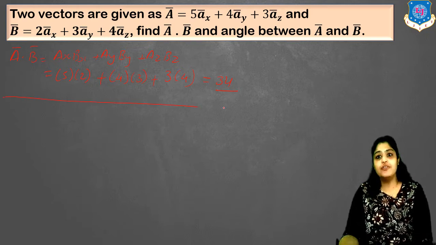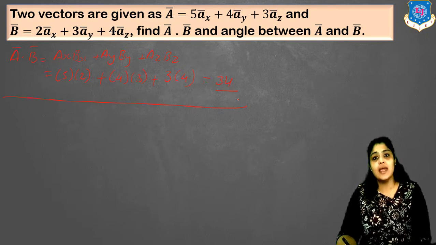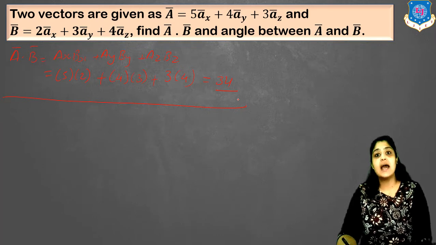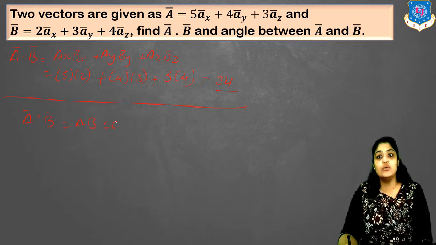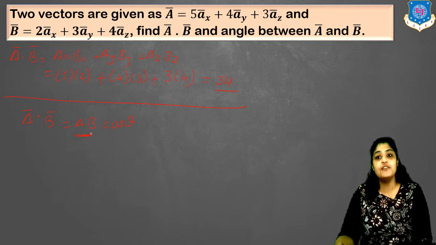Now we have to find out the angle between the vectors a and b. We know the dot product a dot b equals AB into cos theta. What is AB? It is the magnitude of the vectors A and B. How do we find out AB?